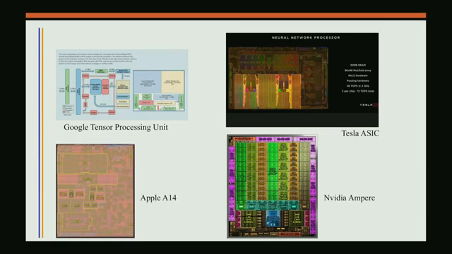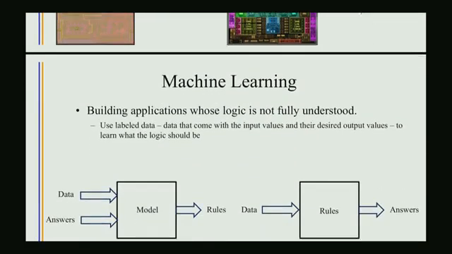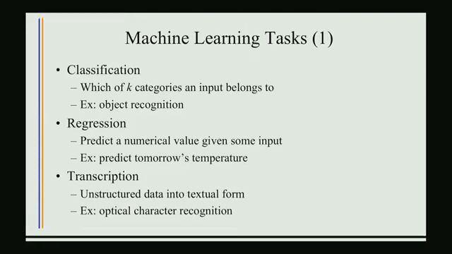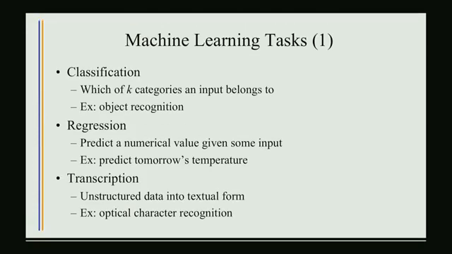Let's get into the nitty-gritty. Now let's take this big, fluffy, abstract world of machine learning and try to make something very concrete with it. There's a bunch of things we can do with machine learning, but here's what we're going to specifically talk about.